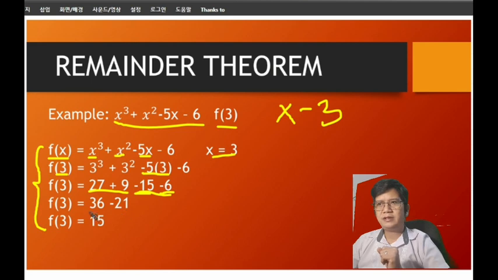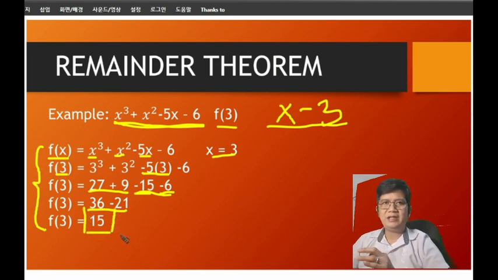And obviously, we have 36 minus 21 is equal to 15. So, ibig sabihin, kapag dinivide natin ang x cubed plus x squared minus 5x minus 6 by x minus 3, makakakuha tayo ng 15 as our remainder.